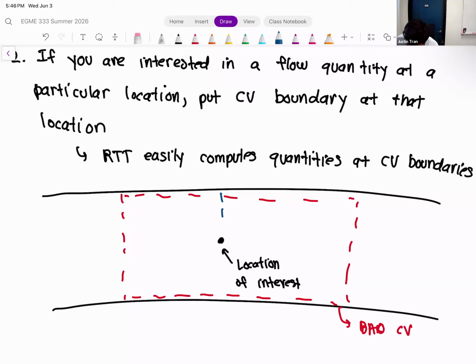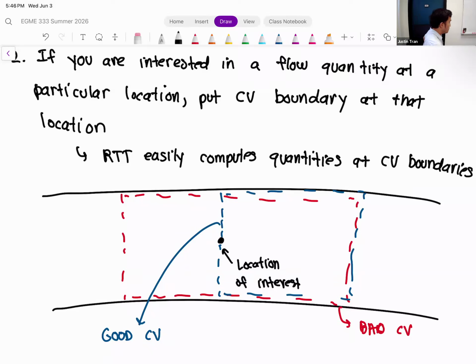Instead, draw your control volume so that one of your boundaries aligns with that location of interest. So that's tip number two: whenever you have a location of interest, put the boundaries of your control volume at that location.